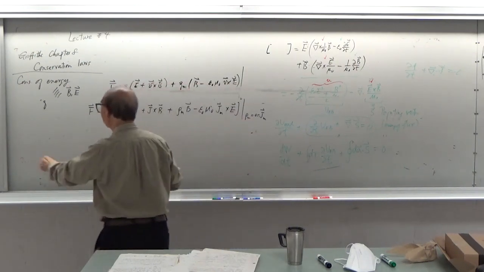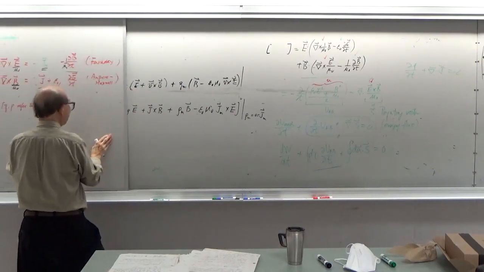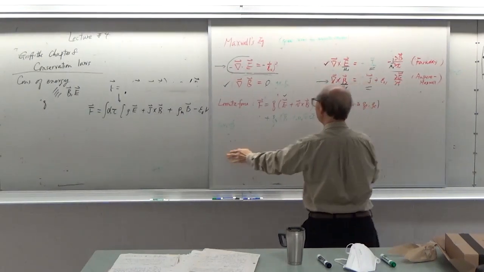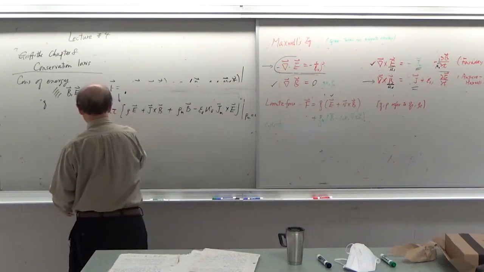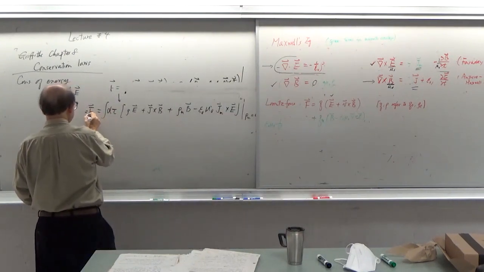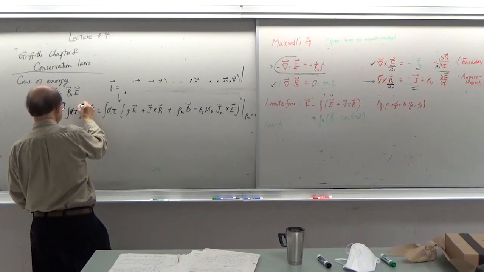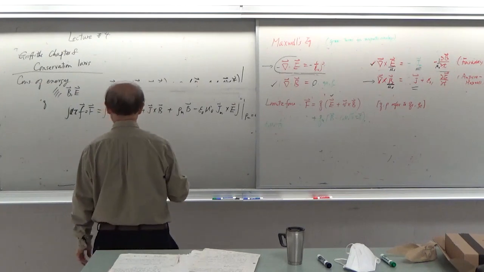The force per unit volume is the force density, small f. I think that's the notation Griffiths uses.